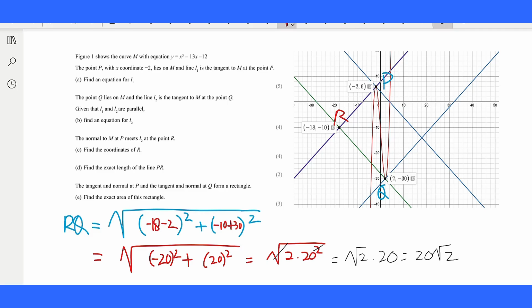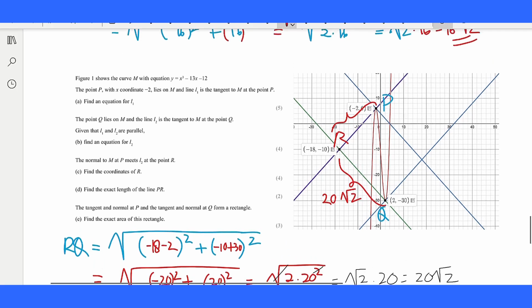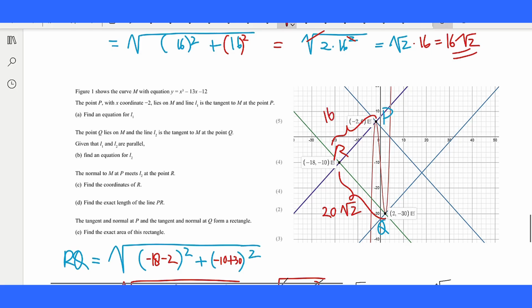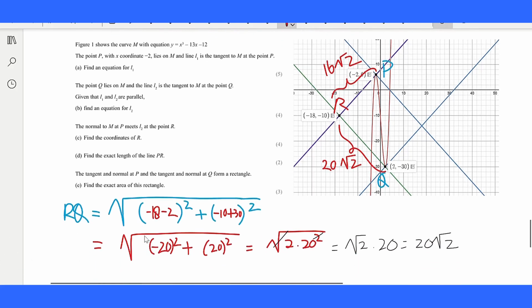So now we know that this is 20 root 2, and from the top this is 16 root 2. Then we can find the exact area of the rectangle, that is length times breadth. So area will be 16 root 2 multiplied by 20 root 2.